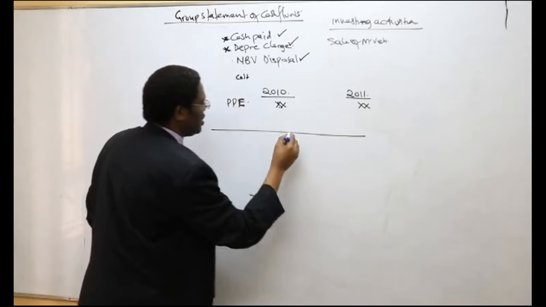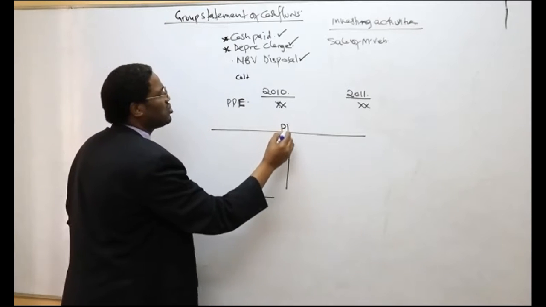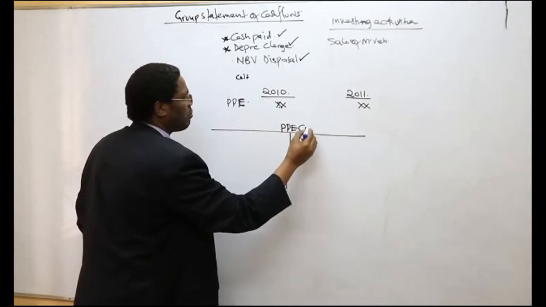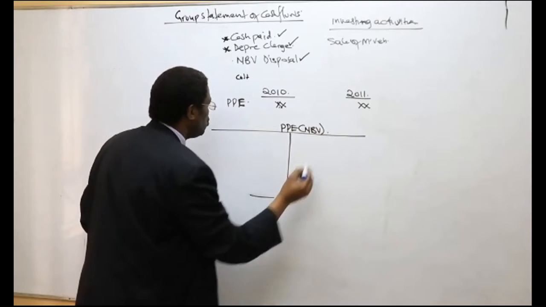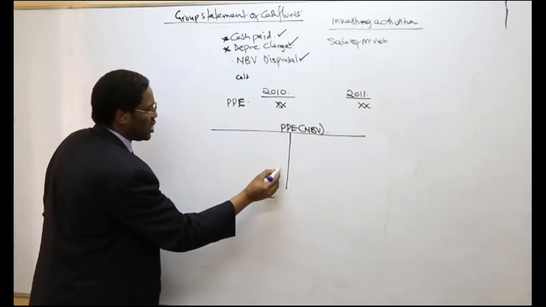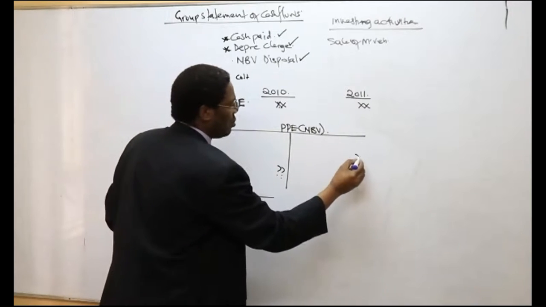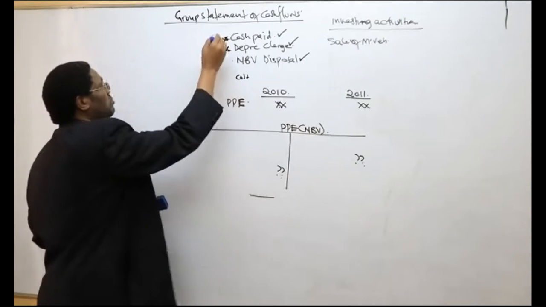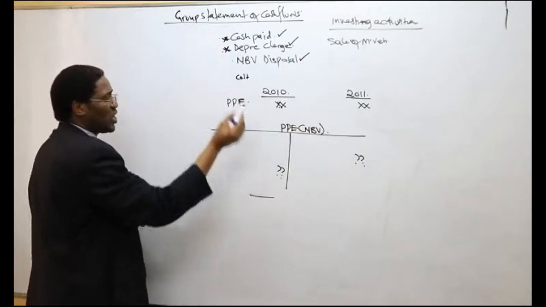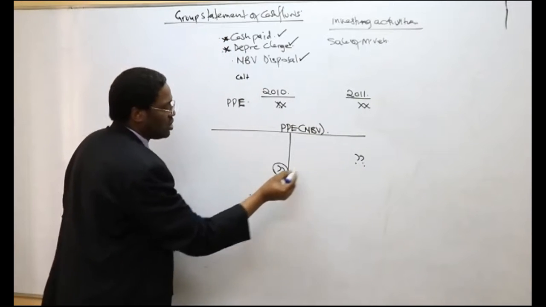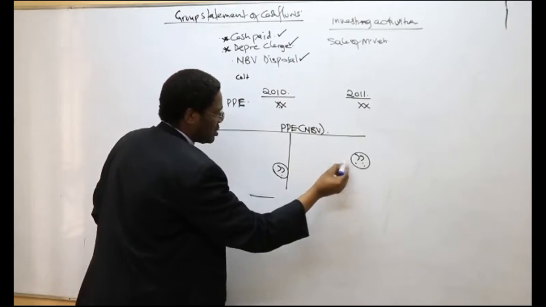You can't use the account called property, plant, and equipment on the basis of net book value. You can't get the cash paid to acquire new ones on this side and the depreciation on this side. You don't know the cash paid, you don't know the depreciation charge, you can't get them from one account because you have two missing items.